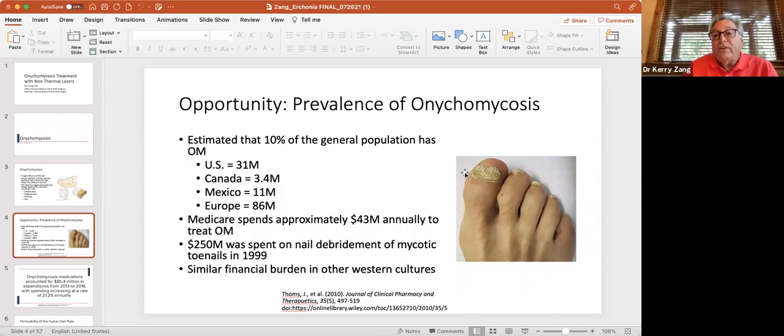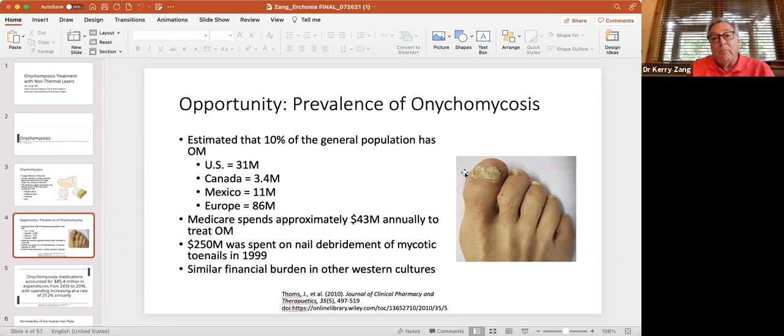It's estimated over 10% of the population has clinical nail fungus. The United States has 31 million, Canada 3.4 million, Mexico 11 million, Europe 86 million. Areas that have a higher moisture rate and colder temperatures, which require you to wear closed shoes, have a slightly higher rate.